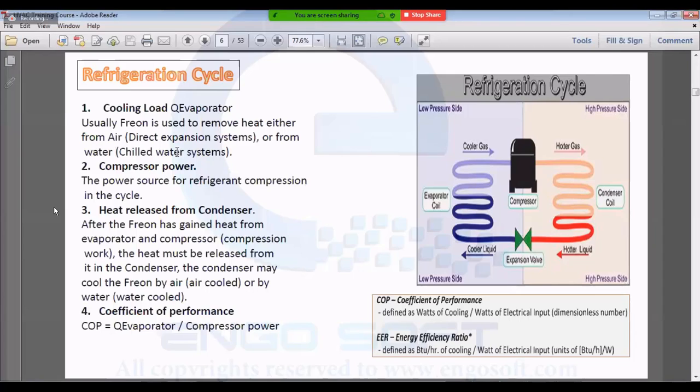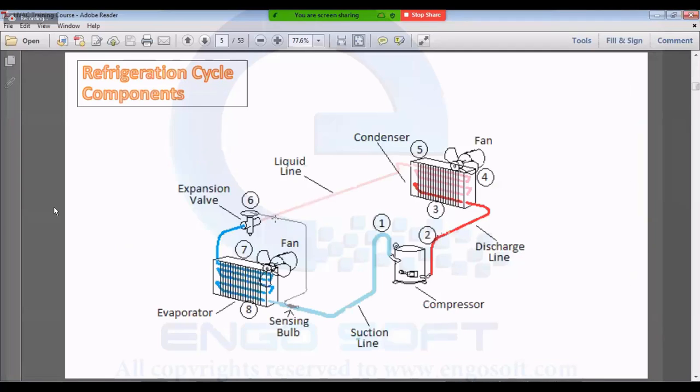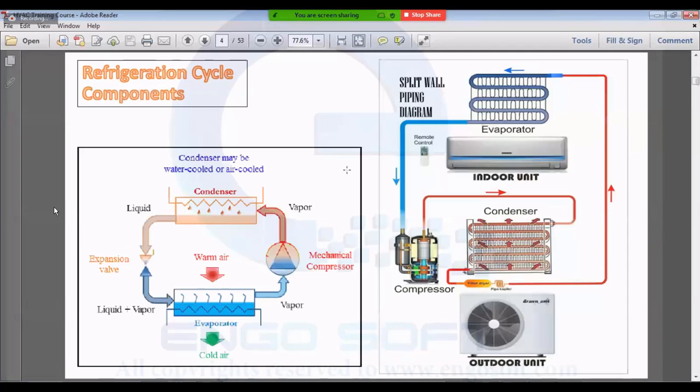In your space, in your office, you have an indoor split unit, right? What's passing through these tubes? Freon, right?